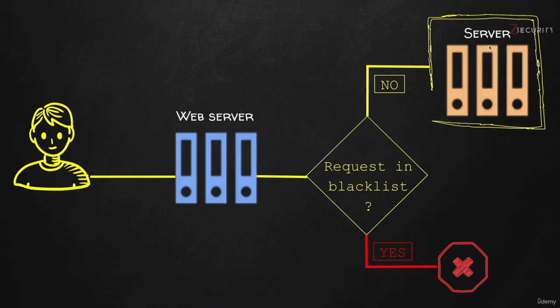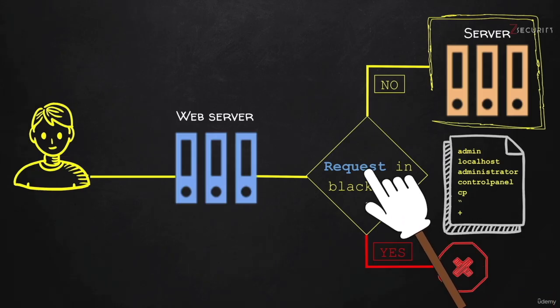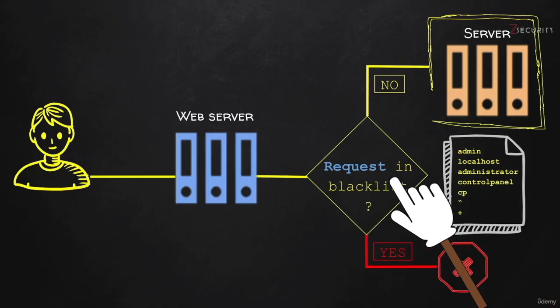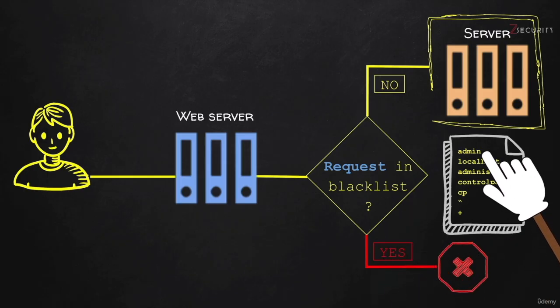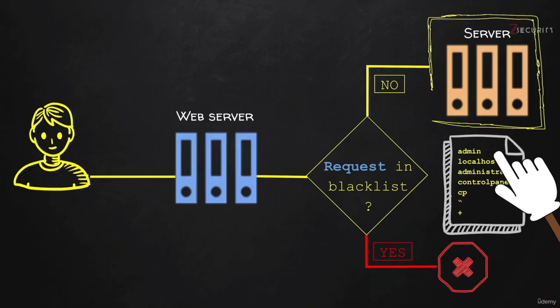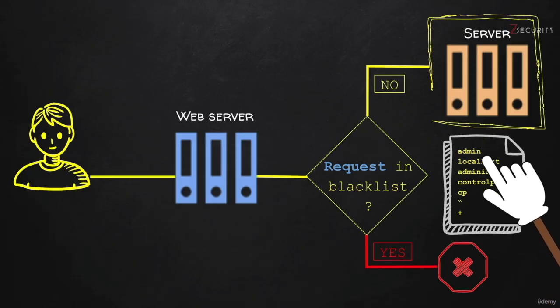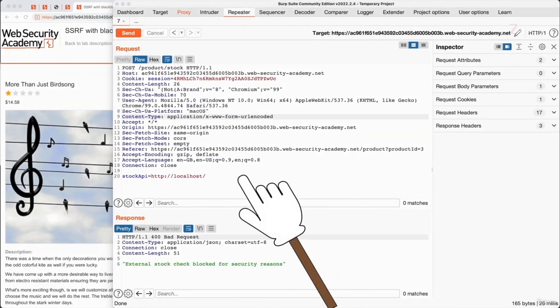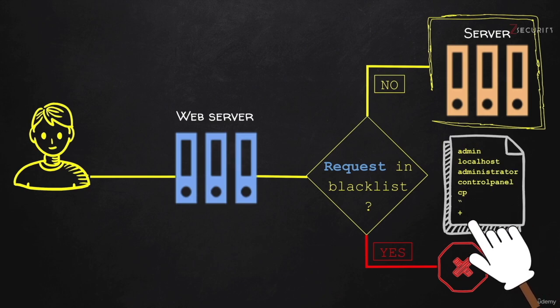Now the blacklist is a simple file that contains a number of words, and then your if statement checks if your request contains any of these words, and if so, it will block it. So if you're trying to go to admin or localhost or administrator or control panel, and this can be big, they can include as many words as they want in here, the developer can do that. If the request that you're sending, similar to what we're doing in here where we're asking for localhost, contains any of the words in the blacklist, then your request will be blocked.